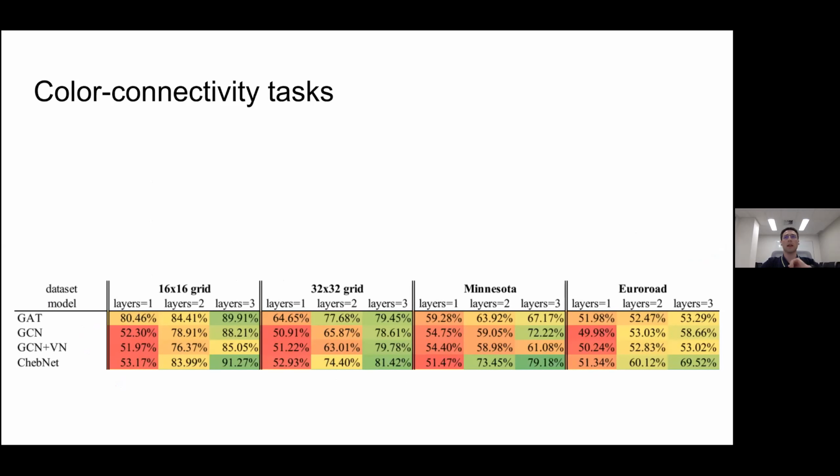And as you can see, as the graphs get more complicated, and especially with large diameter, Euro road has a diameter of around 60, the baselines are starting to fade away and don't go much above 50%, as opposed to a smaller graph, where they can still get to decent performance.